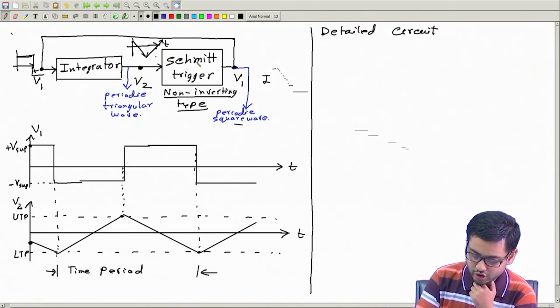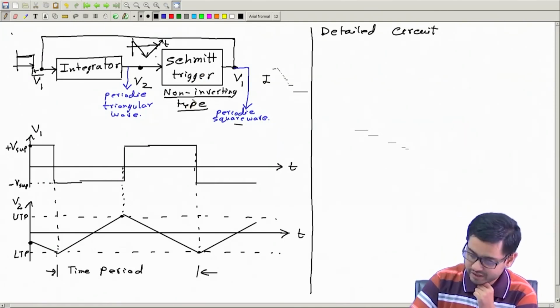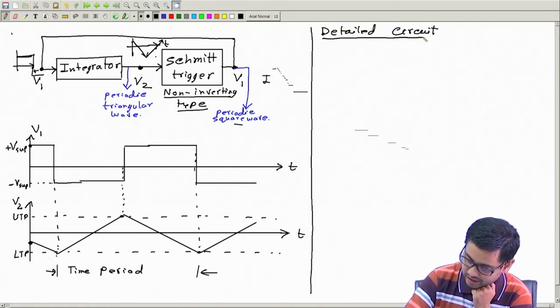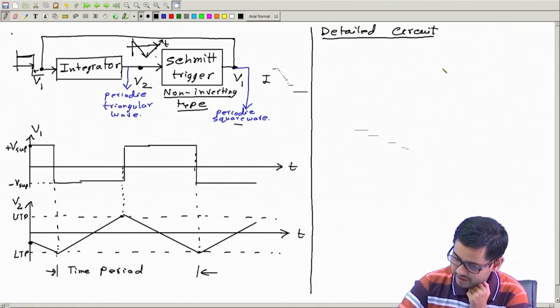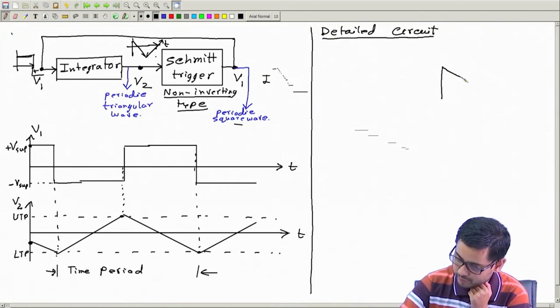Let's first draw the Schmitt trigger. We have to draw a non-inverting type Schmitt trigger. If you recall, to make a non-inverting Schmitt trigger, we have to start with an inverting amplifier.